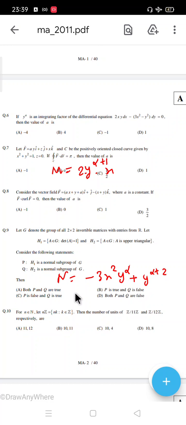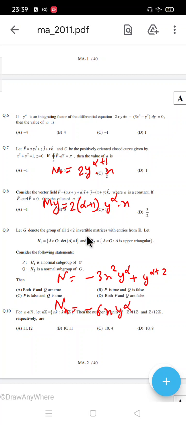This is my n. Okay, so what do I have to find? My will be alpha plus 1 into 2 into y raised to alpha x, and nx will be, x square will be 2x, so minus 6x y raised to alpha.